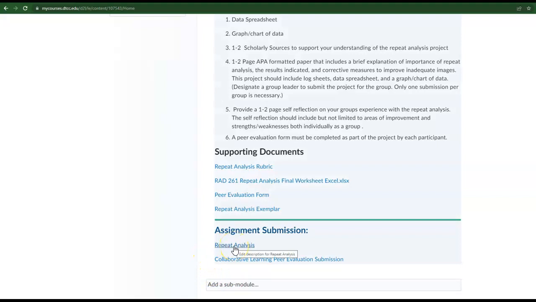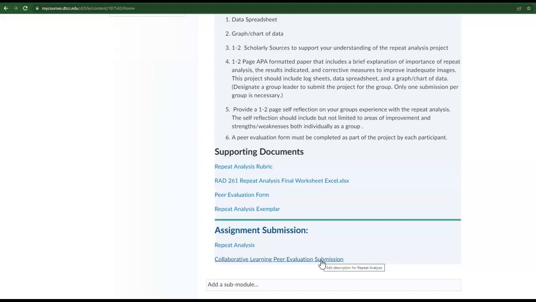Again, just designate one person to submit the repeat analysis project for the group, and each individual should submit their own log sheets, and you can utilize this same tab for the assignment submission. The peer evaluation form is here, and please fill that out for each student in your group and submit it under the collaborative learning peer evaluation submission link.